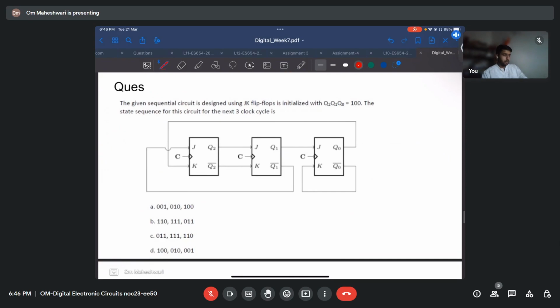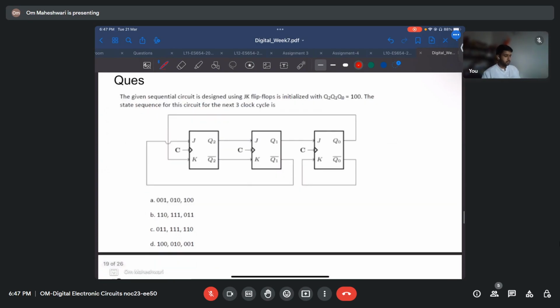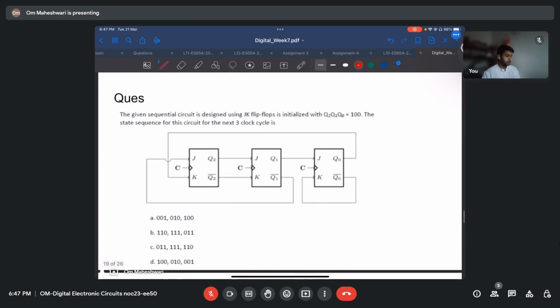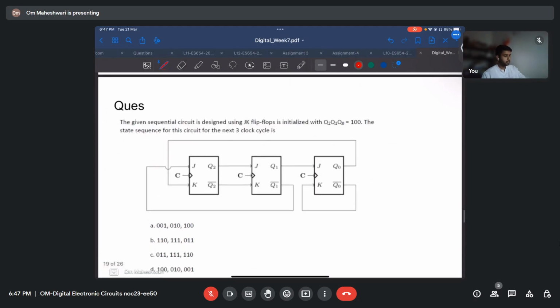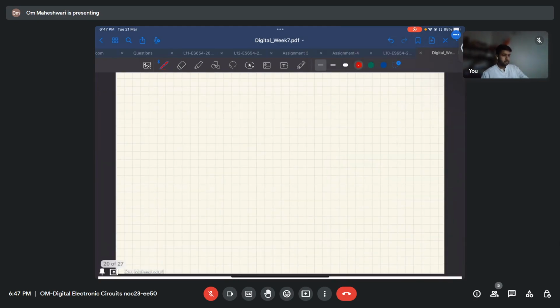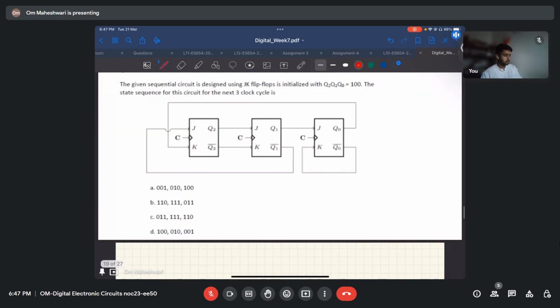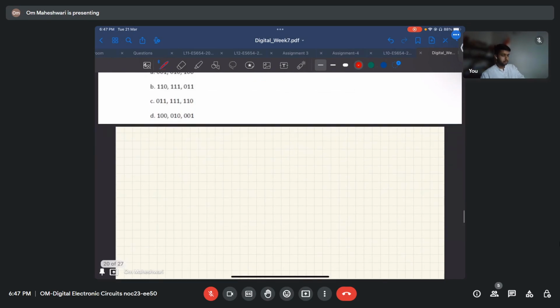The next question. The given sequential circuit is designed using JK flip-flops, initialized with this, and the state sequence for the circuit for the next clock cycle. Okay, so let us solve this. For this, let us first write the truth table of JK flip-flop.